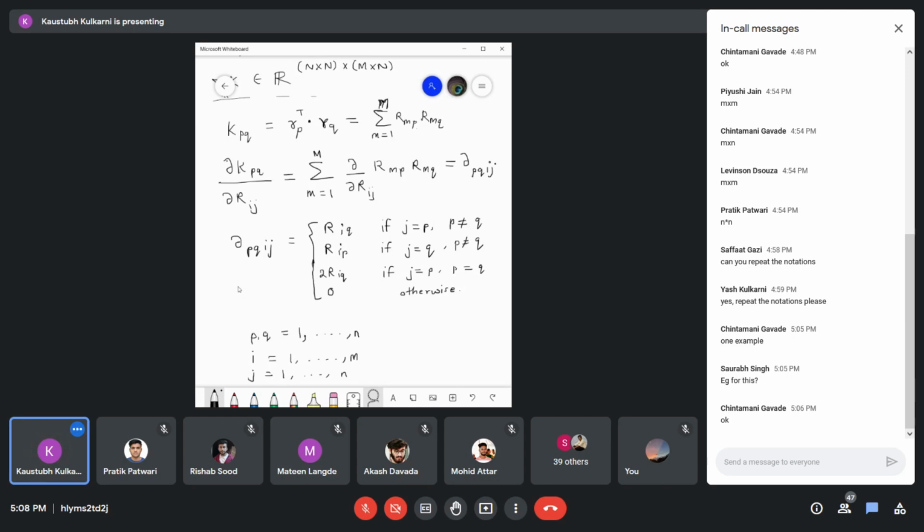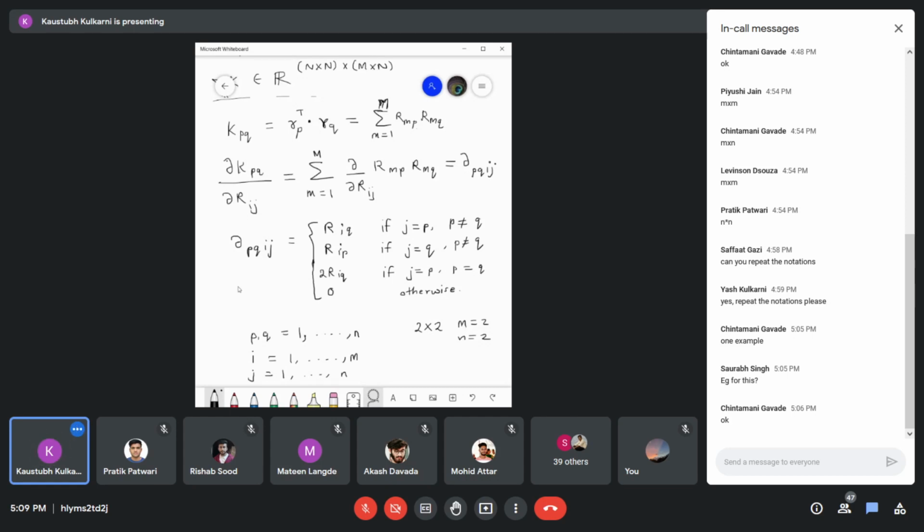So how many possibilities will be there in this case? Let's take again the same example. If I take a 2 cross 2 matrix, that is m equal to 2 and n equal to 2, then this is our final answer that we have reached. How many elements do we have to calculate?